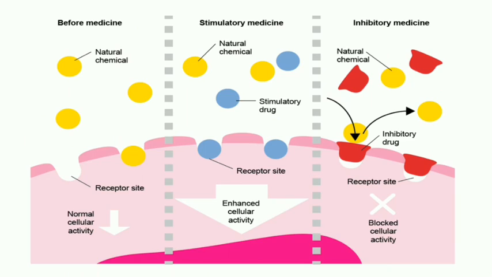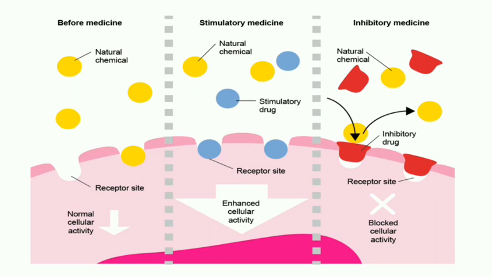So here we can discuss the stimulatory and inhibitory action of the drug. As you are seeing in the slide, before medicine there are natural chemicals and receptor sites. On receptor sites there are receptors and normal cellular activity.